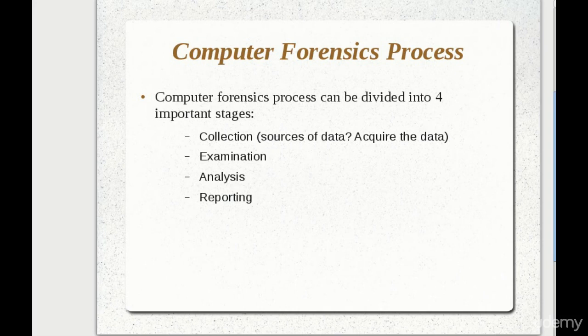So first you need to identify the possible sources of data, and then you need to acquire the data. Identification is not enough. The collection process is the combination of both: identifying the sources of data and acquiring the data. How you are going to acquire the data is altogether a different topic, and we will see practically how to acquire it.